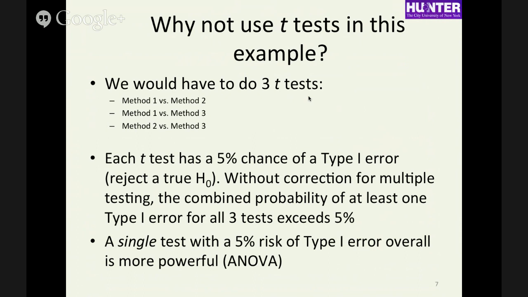There are methods like the Bonferroni method, which I'll show you later, but it's not as powerful as doing a single test with the analysis of variance to see if there's any difference anywhere that's inconsistent with individual sampling variation. So instead of doing all of these pairwise comparisons, we're just going to do one test.